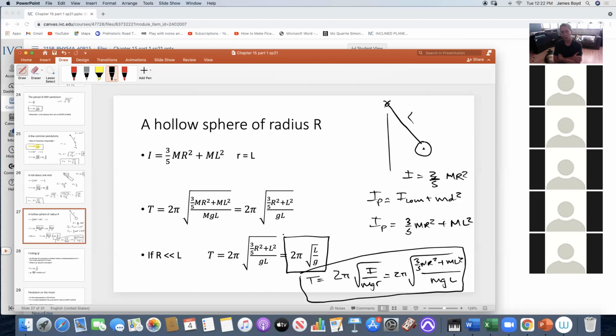But anyway, that's not too bad. Even if you were given the radius and L, you could just plug them in and get that number. It's not too hard. But the key takeaway here is that for a hollow sphere, you have to use the parallel axis theorem to get the correct moment of inertia for the pendulum.